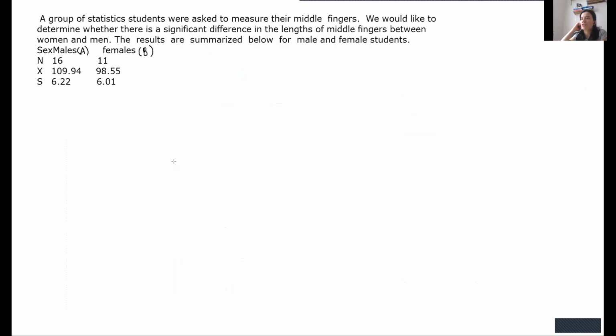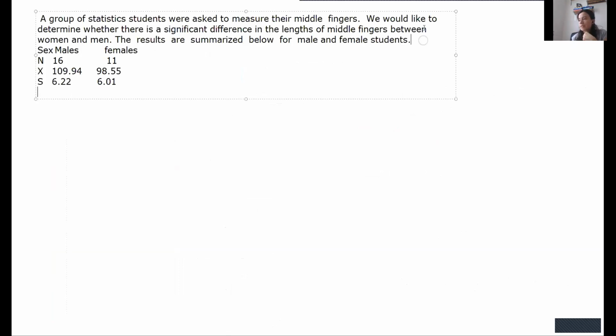So there we go. We're here, okay. So a group of statistics students are asked to measure their middle fingers, and we are going to try to determine whether there's a significant difference in the lengths of middle fingers between women and men. Why? It's a puzzle. The results are summarized below for male students and female students.